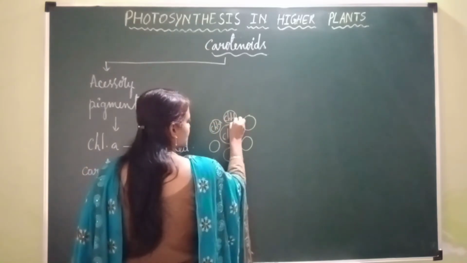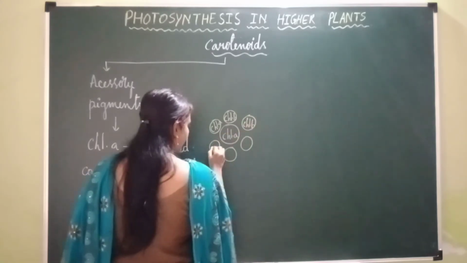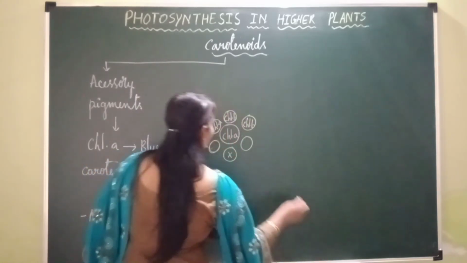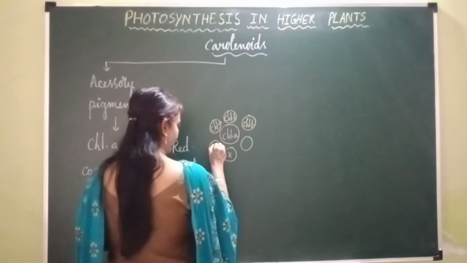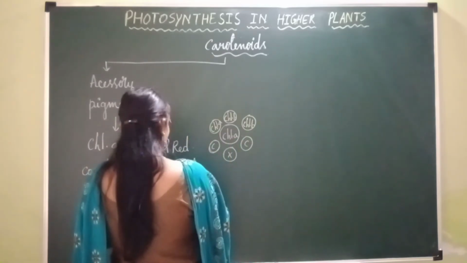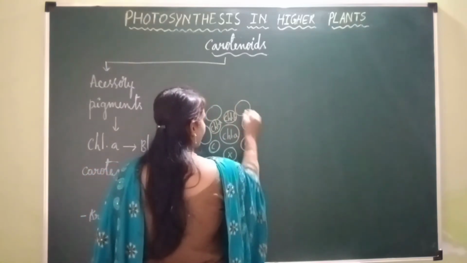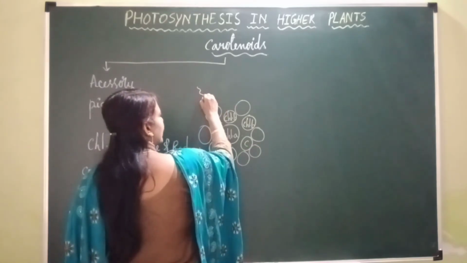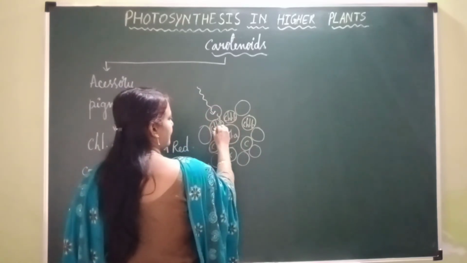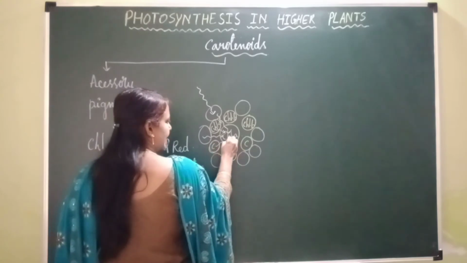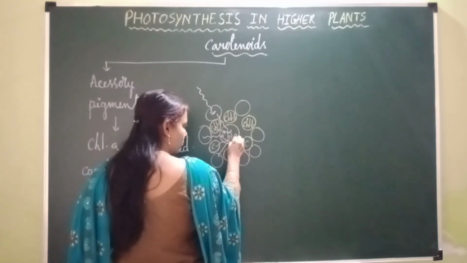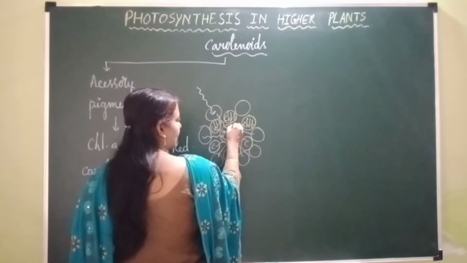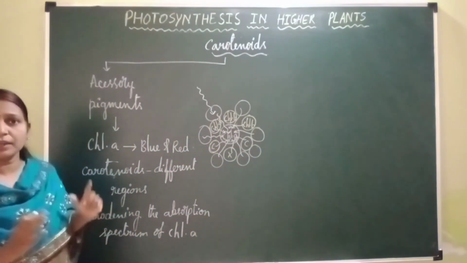By being around chlorophyll A, they absorb different wavelengths of light and supply it ultimately to chlorophyll A. Hence the amount of light transferred to chlorophyll A will be more and more, and the amount of chemical energy synthesized by chlorophyll A will be more and more.